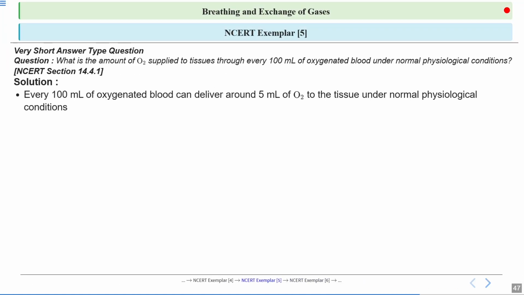So every 100 ml of oxygenated blood can deliver around 5 ml of O2 to the tissue under the normal physiological condition. Yes, this is a very, very important line. Only 5 ml of oxygen is delivered by 100 ml of blood in normal condition.